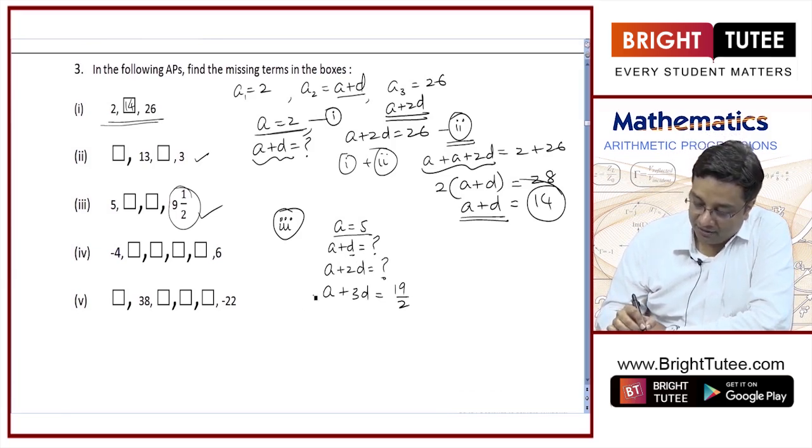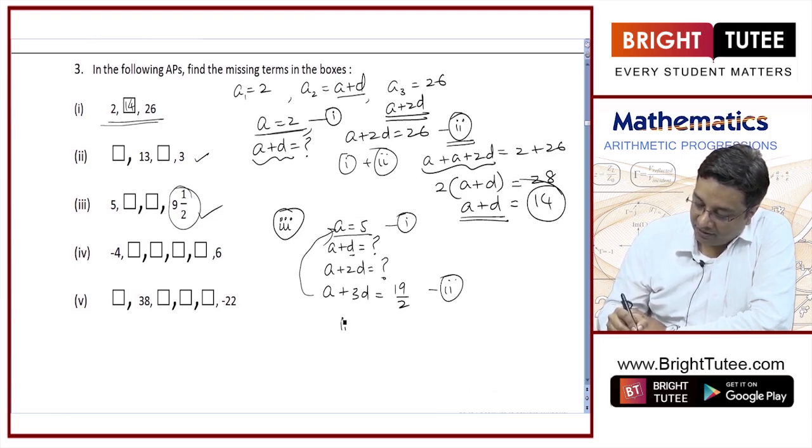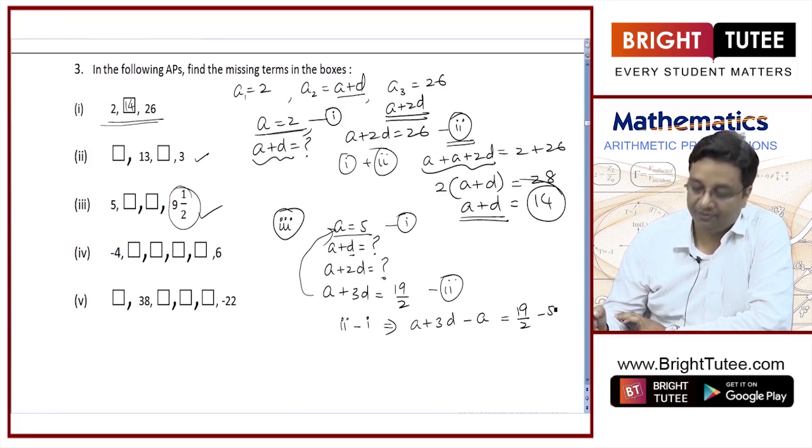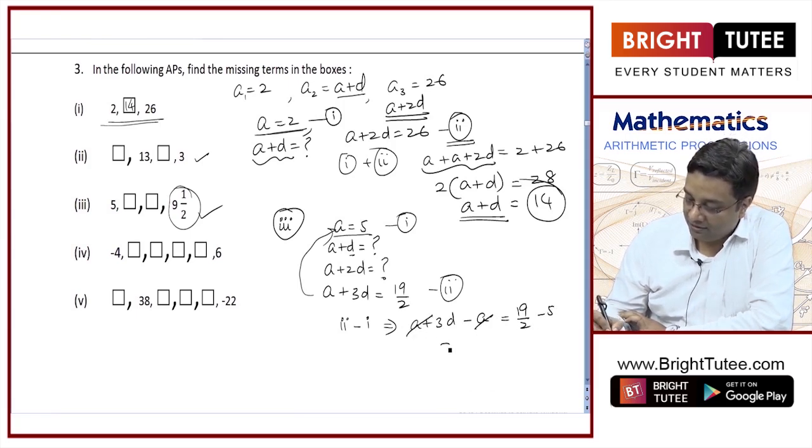Let us say this is my first equation and this is the second one. If I subtract the first equation from the second, what do I get? A plus 3D minus A, which is equal to 19 by 2 minus 5. And this is 3D. How do you calculate 19 by 2 minus 5?